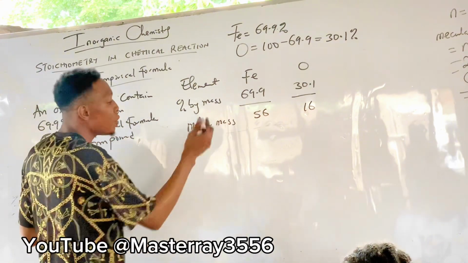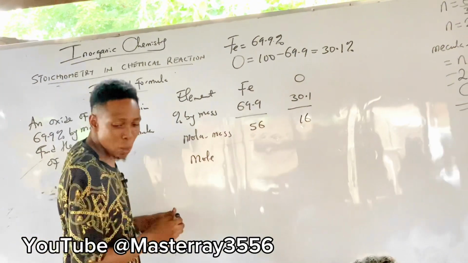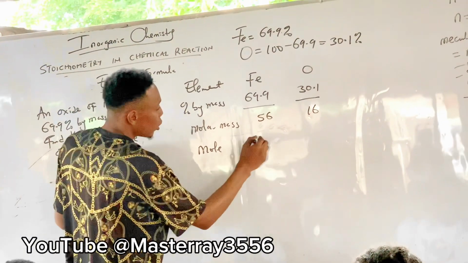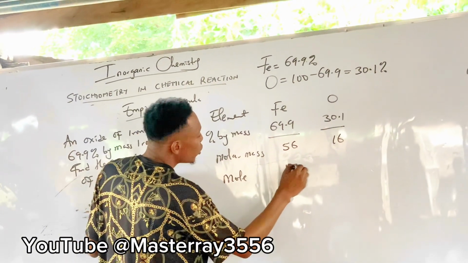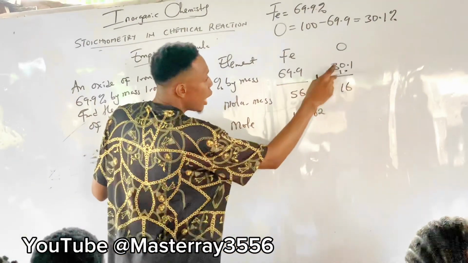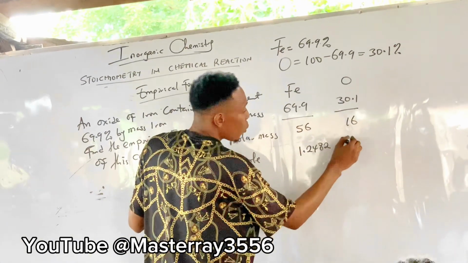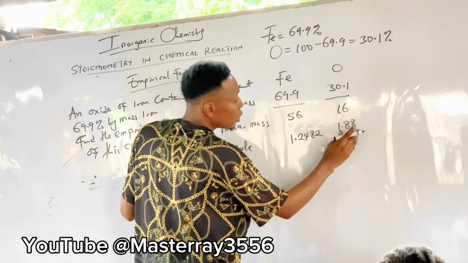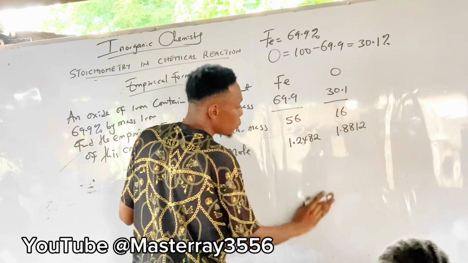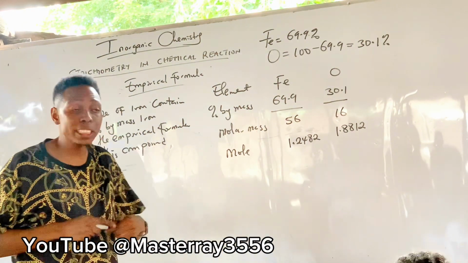So this time, when you divide, we are going to have what's called mole, right? When you divide it, you have 1.2482. And if you divide this, you have 1.88. So after that, we divide by the smallest.